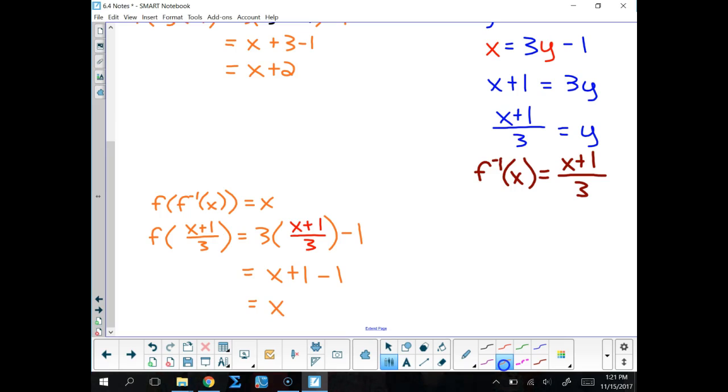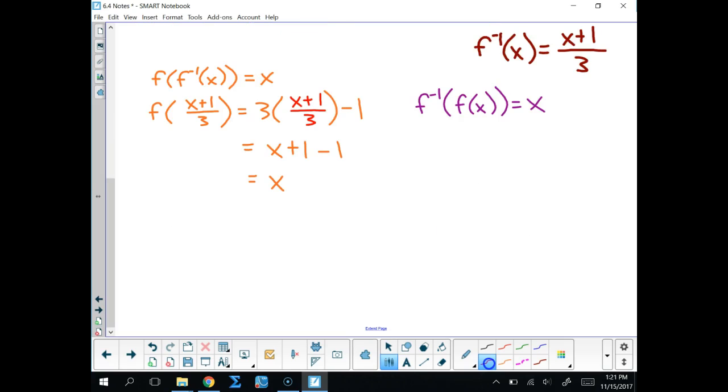Good so far. Now I have to show that the inverse of f of x also is equal to x. So that's going to be the inverse of 3x minus 1, which is going to be 3x minus 1, then plus 1, all divided by 3. 3x minus 1 plus 1 is 3x. 3x divided by 3 is x.